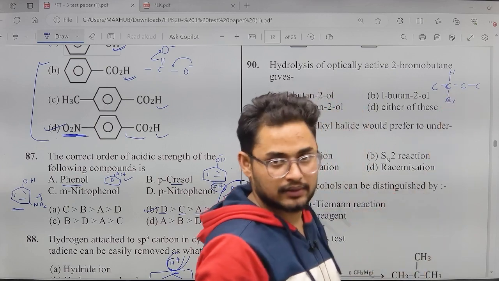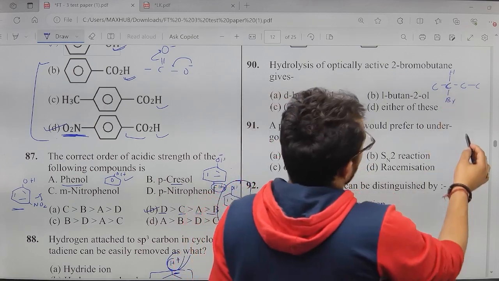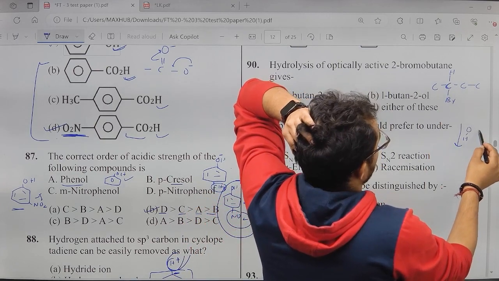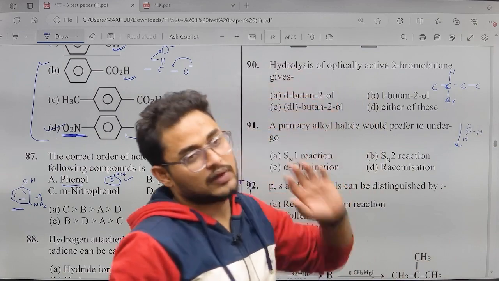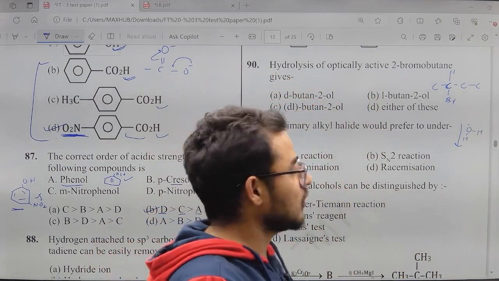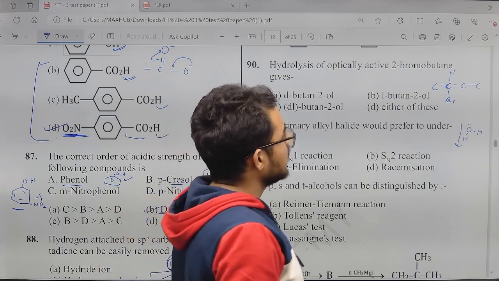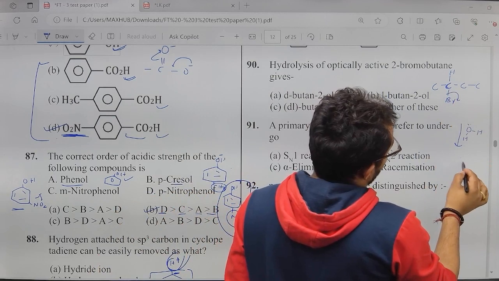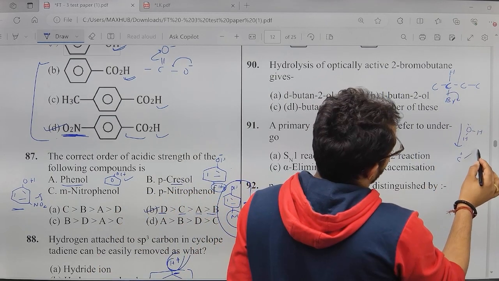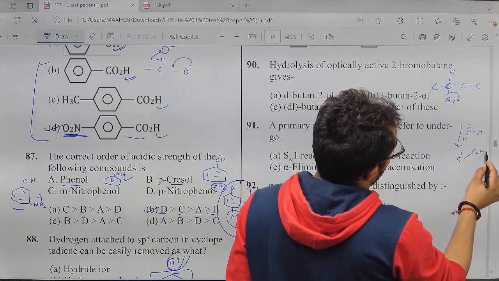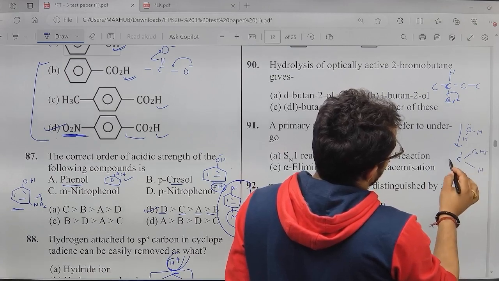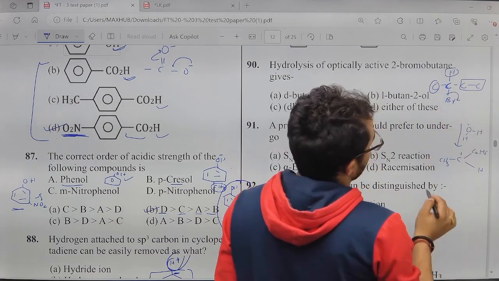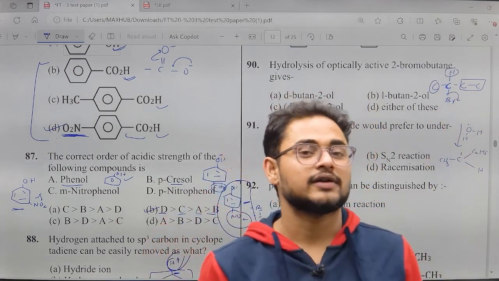It is a chiral carbon, right? So if I allow the hydrolysis, listen online students, OH minus, hydrolysis, it can come and attack on any side. Suppose I remove the Br. In the first step, a carbocation is going to be formed. It has CH3, C2H5 and H. Br has been removed. So it is the carbocation intermediate that is going to be formed.